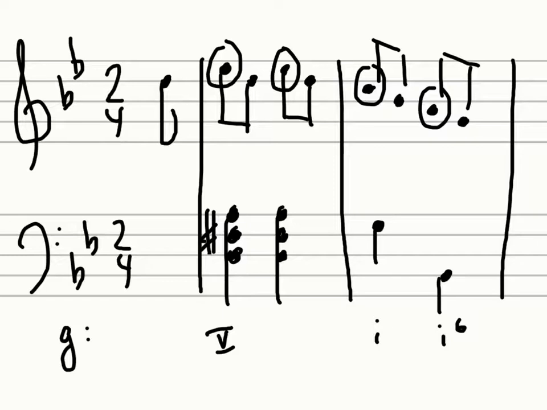So 5 chord with accented neighbors, 1 chord, and the circled notes, accented neighbors, accented passing tones. We could call each of those appoggiaturas, whether they're called accented neighbors or accented passing tones or appoggiaturas. What's important is that they each resolve by step.